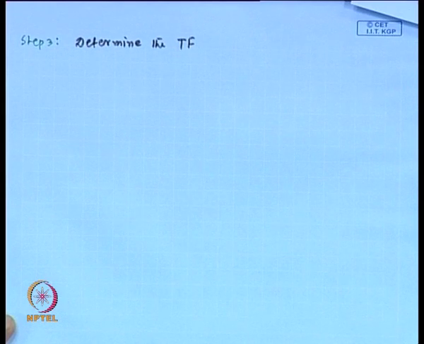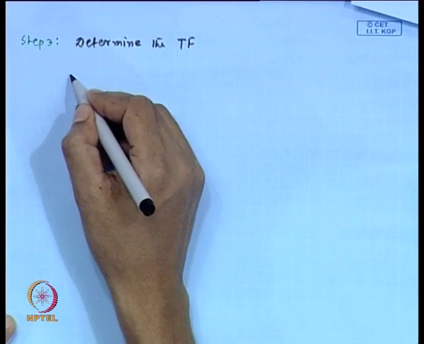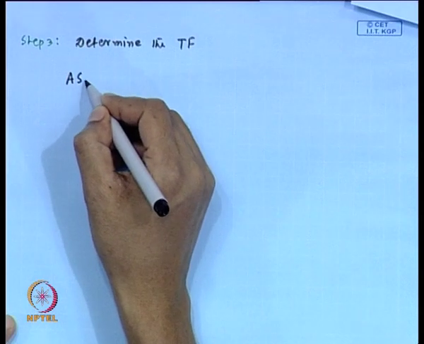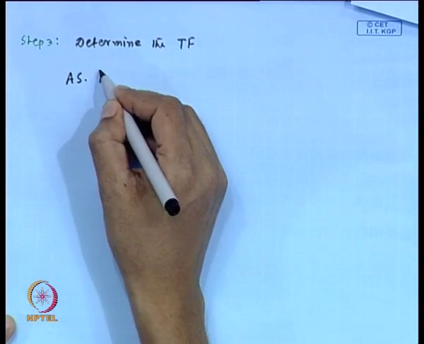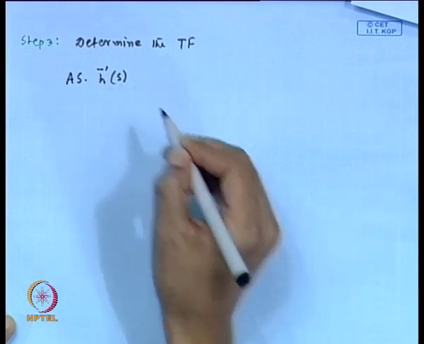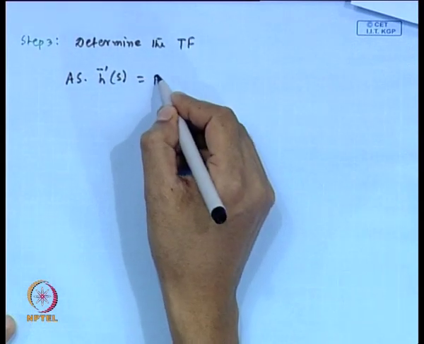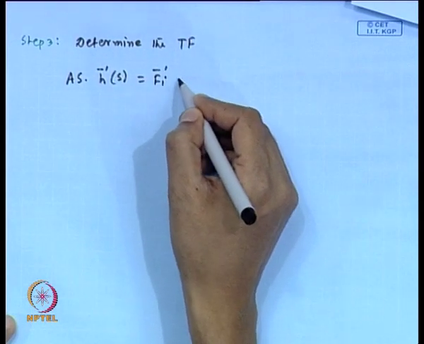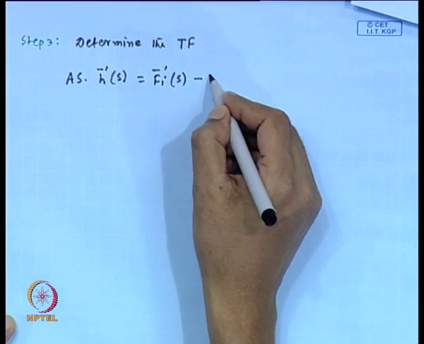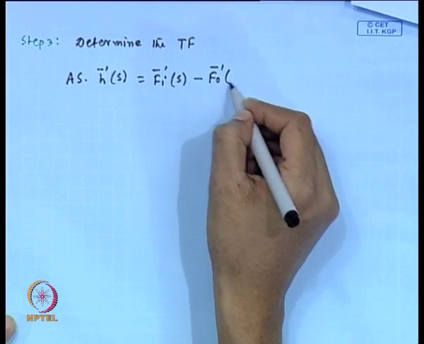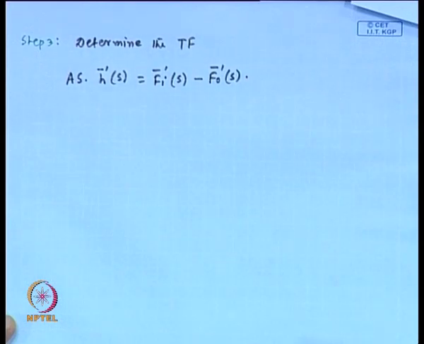So, for that we have to take the Laplace transform. If we take the Laplace transform, we get A s h bar prime(s) equal to f_I bar prime(s) minus f_0 bar prime(s), fine. This is the representation of the model in S domain.